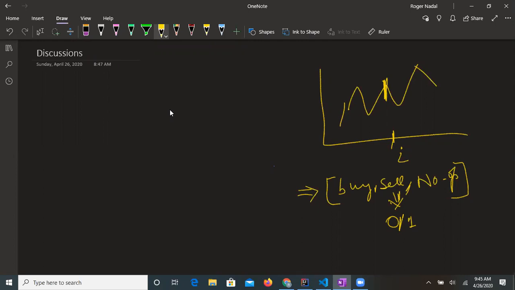Great. All right. And what about the restriction? Suppose your graph was something like this. If your graph was something like that, then you would choose not to buy because you will make a loss, right?